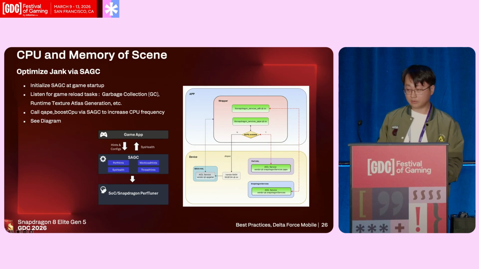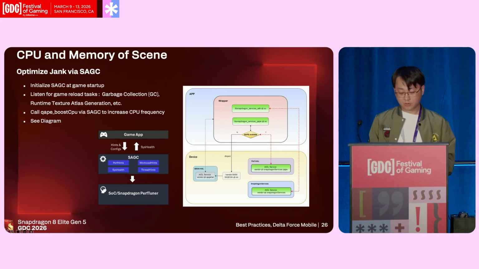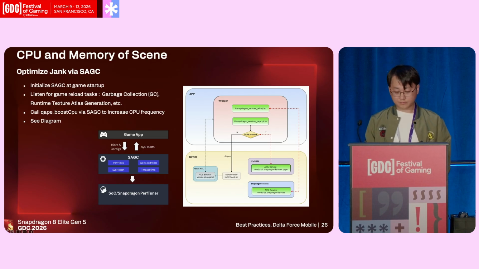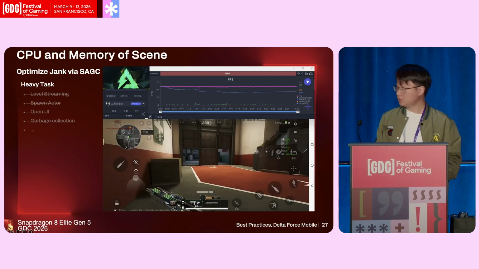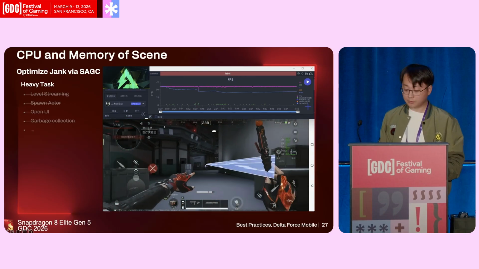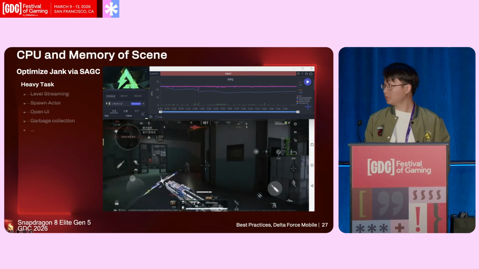For example, before executing the garbage collection, we can call the QAP boost CPU function and pass in a CPU frequency boost ratio. This allows us to control the CPU for short-term frequency boosting. As you can see from the videos, with proactive CPU frequency boosting, we can remove the jank during gameplay.